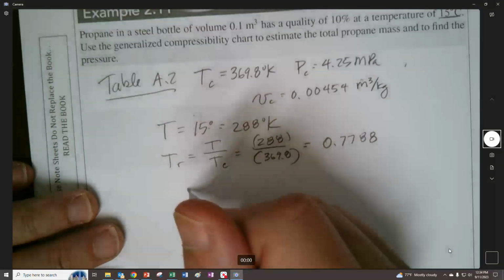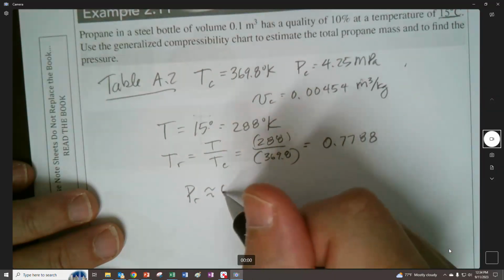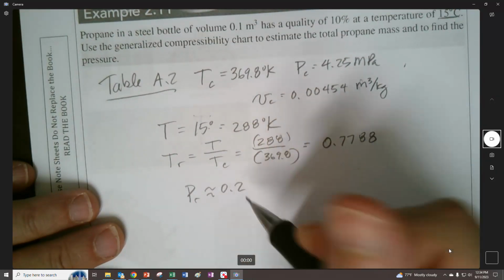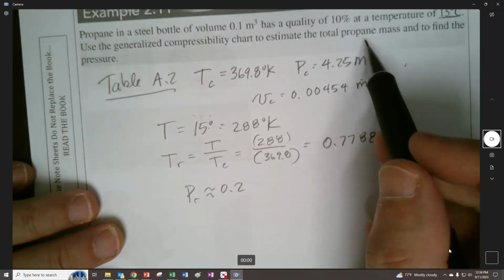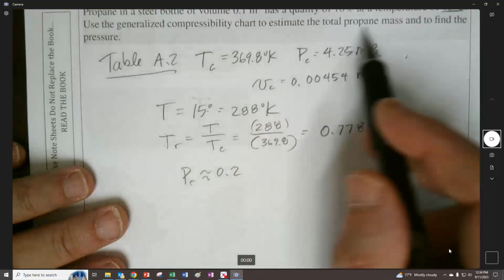So we're going to estimate that the pressure ratio is approximately 0.2, right? And that means that we could estimate the pressure right away.